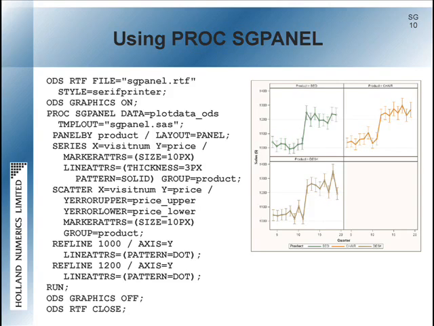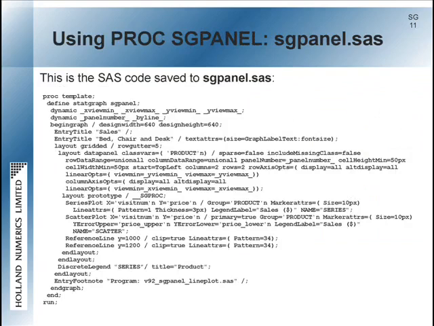The other key items, again, we've got this TMPLOUT statement on the PROC SGPANEL, and you'll see the code that's generated next. But other than that, the individual series and scatter statements are exactly the same as they were in the previous graph. Next slide. And you see the font has dropped somewhat. The key part is about a third of the way down.